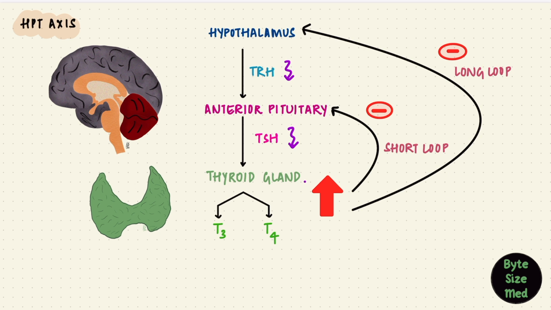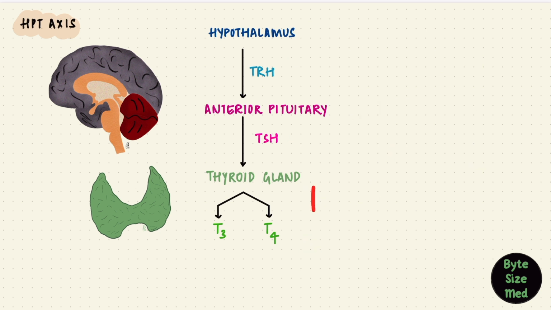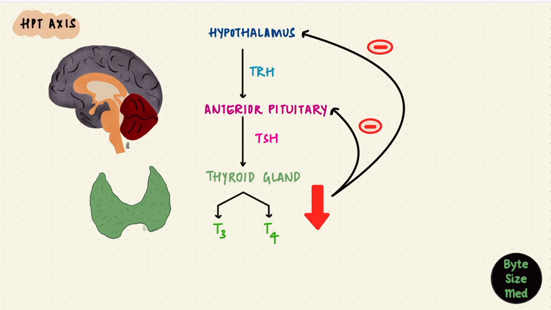And when TSH comes down, it reduces the formation and release of T3 and T4, bringing their levels back to normal. If the thyroid hormone levels are too low, again there's feedback on the higher structures and the opposite will happen. Since the hormone levels are low, they need to bring it back up. TRH and TSH increase, eventually bringing the thyroid hormone levels back up to normal.